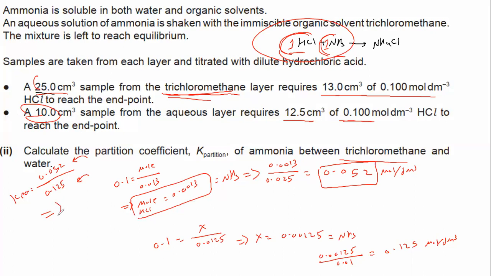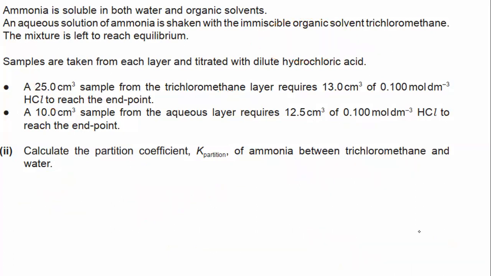Let me use the calculator. 0.052 over 0.125 gives us 0.416. Guys, here we don't have any units, okay? KPC has no units. Let's move to the next question.